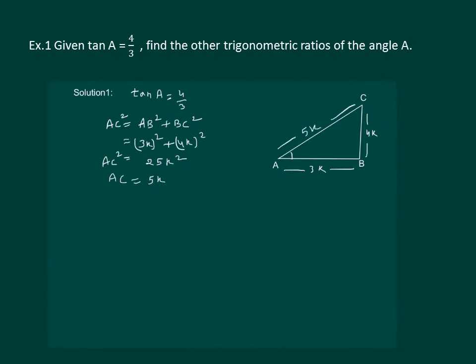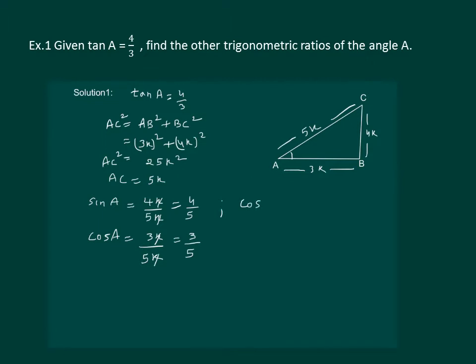Now it remains to find sine A, which is opposite side by hypotenuse, that is 4k by 5k equal to 4 by 5. Cos A is adjacent side by hypotenuse, so cos A is 3 by 5. Now it remains to find the reciprocal ratios.